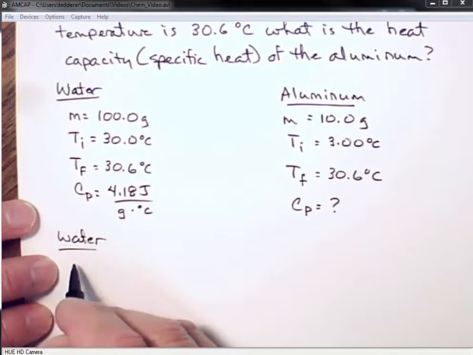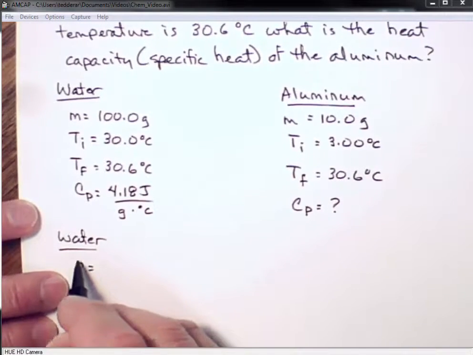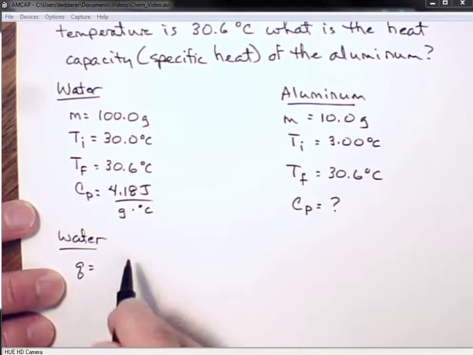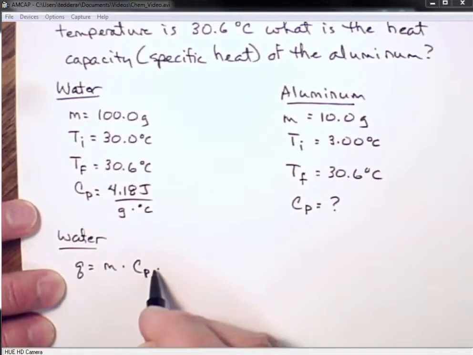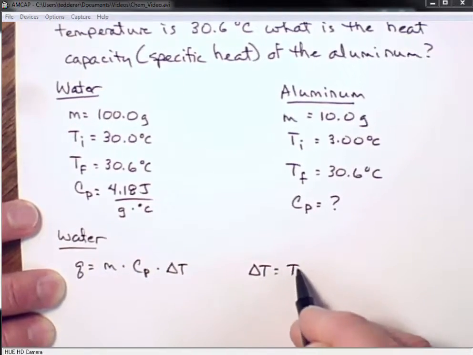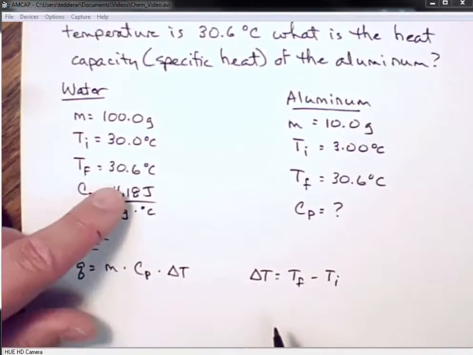Don't leave things off. So for water, we're looking at a temperature change, and we're looking for the Q, the energy change. That's what we're going to need to find the specific heat. Q equals mass times the specific heat, or heat capacity, times the change in temperature. Change in temperature is always temperature final minus temperature initial.